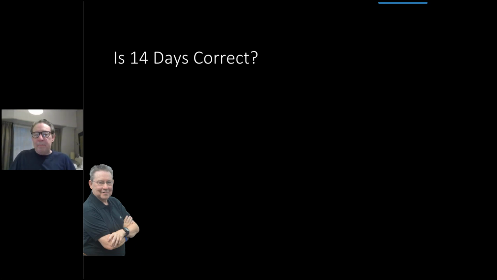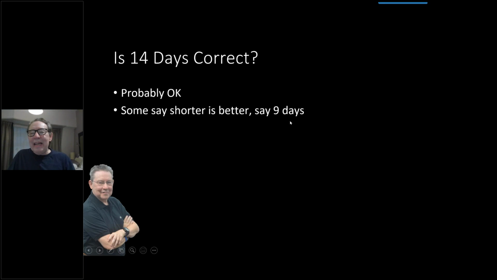Now, a lot of people, particularly just after he came in to do this, said, no, we want a short one. 9 days became very popular as well. So we don't want to be stuck just on 14 days, but you could look at 9 days. For my own trading, I started using 14 days in 1978, and I've been using 14 days. I've tried other days. They all work fine.